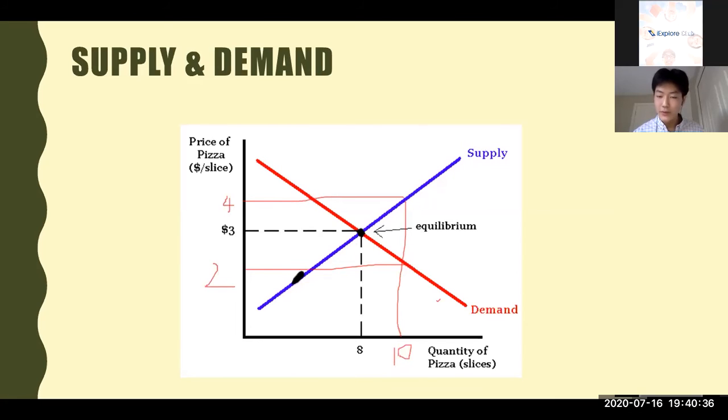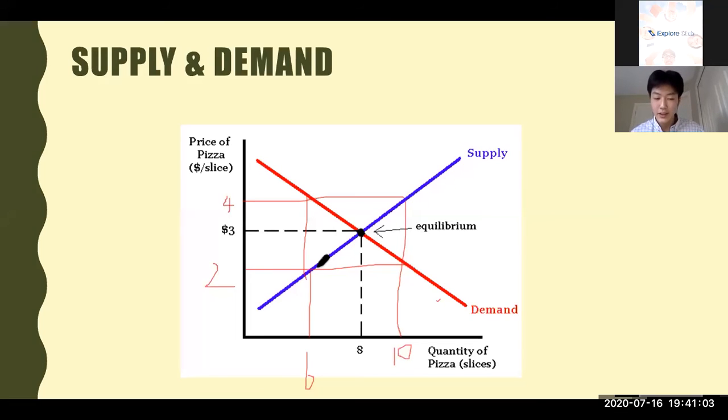the amount of pizza slices provided becomes 6, which is here. If there are only 6 pizzas provided, then the prices demanded by the customers are going to become higher, which is $4. But at this occasion, the supply side can only sell 6 pizza slices because of the rarity of his pizza.